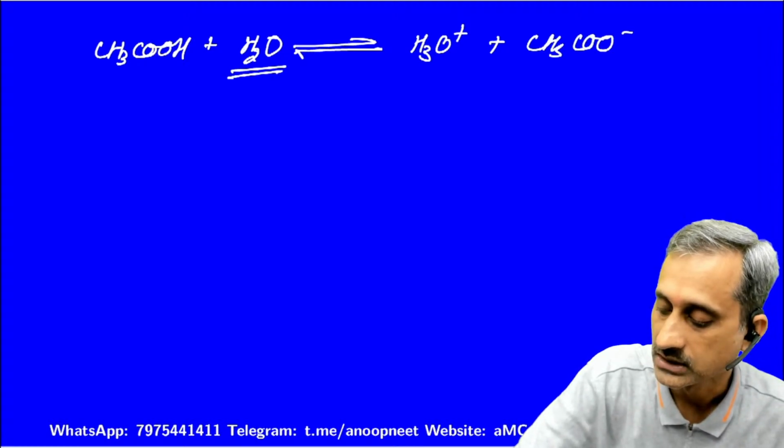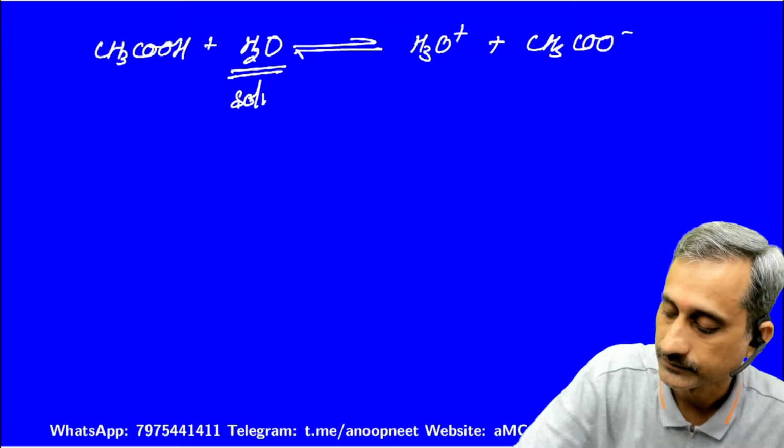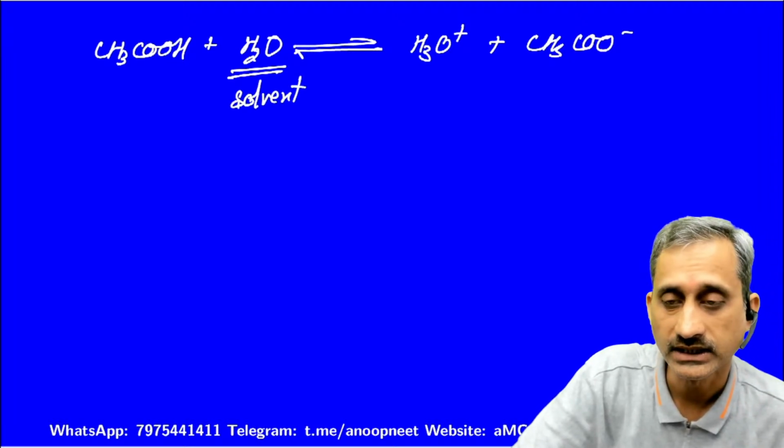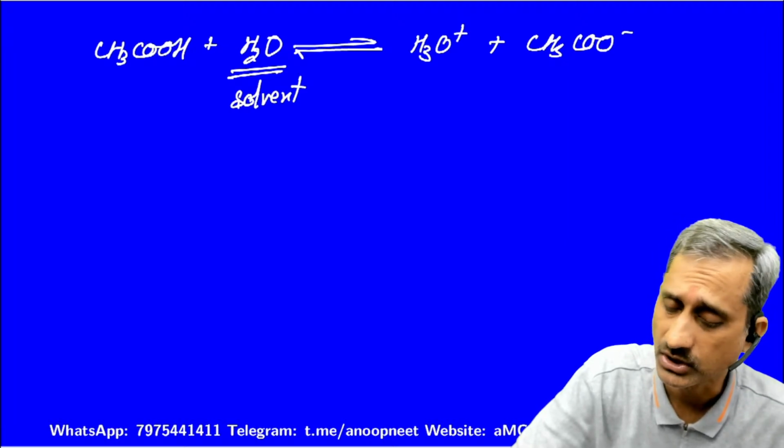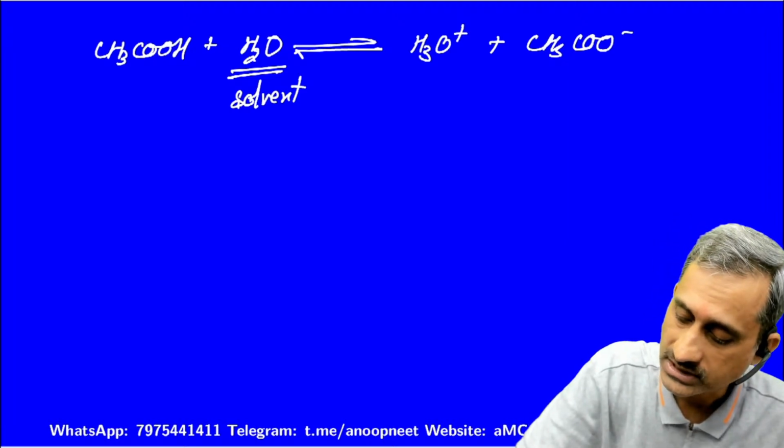Now water is actually a solvent. Since water is a solvent, we can neglect its concentration. We can ignore its concentration because it's going to remain a constant. So, इस equation को हम ऐसे लिख देते हैं.